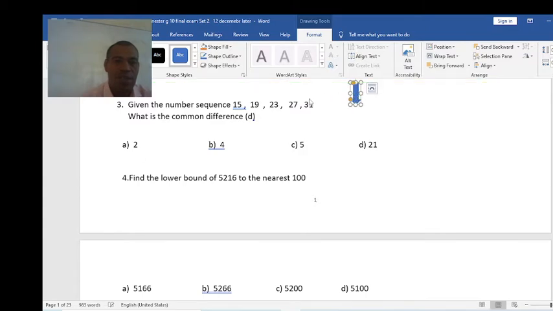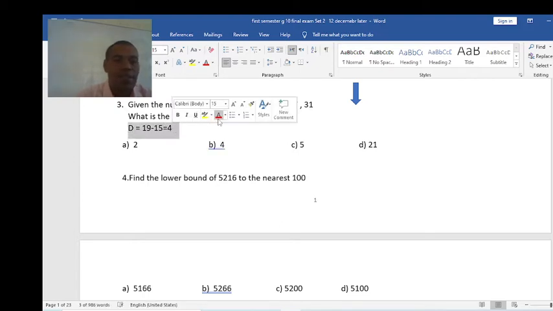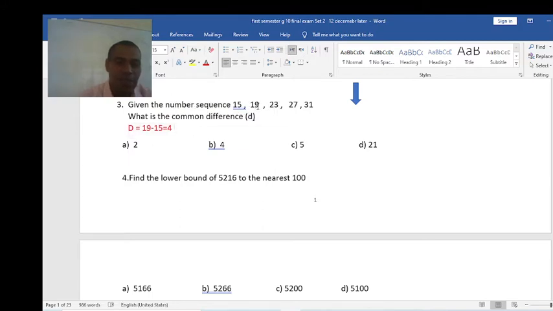So just write here: the common difference, my learners, is D equal what? Equal 19 minus 15, which is equal to 4. Okay, so also you can note that 23 minus 19 is 4, then 27 minus 23 is 4, then 31 minus 27 is 4.